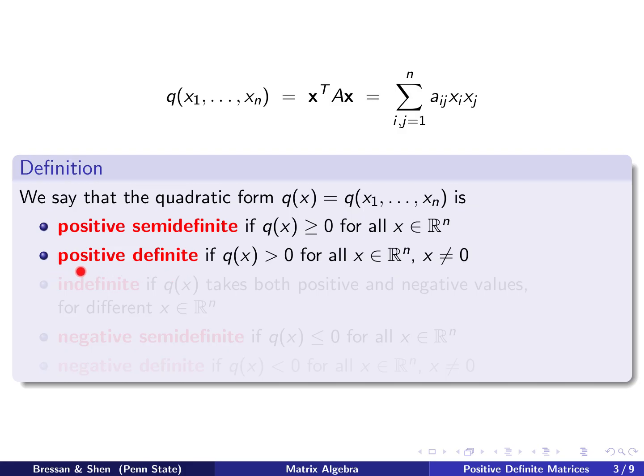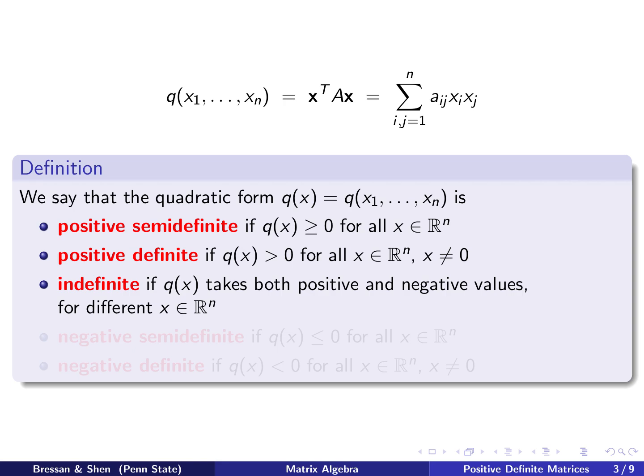This relationship holds for all x in Rn that is not the 0 vector, because if it's a 0 vector, this is always 0. So if x is not 0, then this Q is strictly bigger than 0. And if Q can take both positive and negative values for different choices of x in Rn, then we say this quadratic form is indefinite.